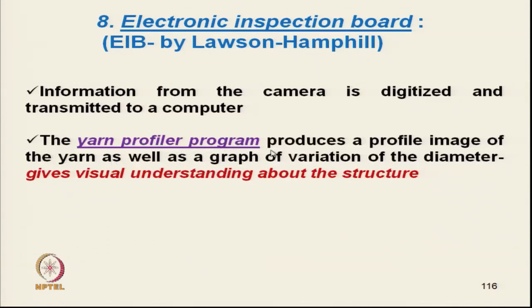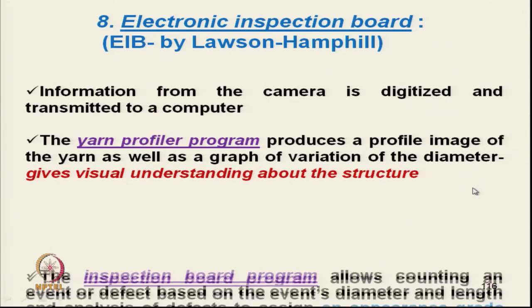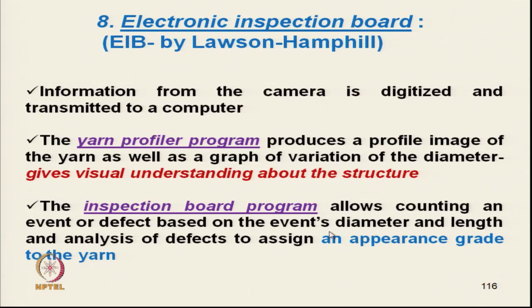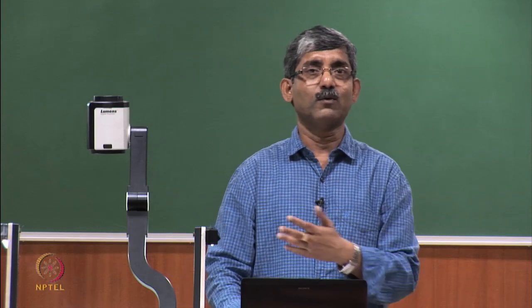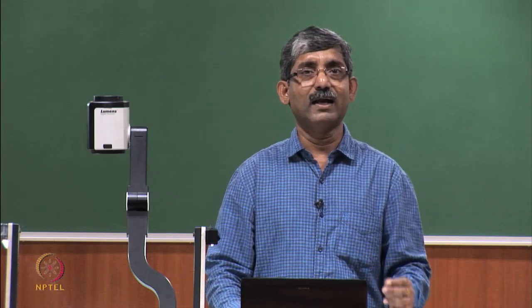The yarn profile program produces a profile image of the yarn as well as a graph of the variation of the diameter. So, there are two types of programs, the profile program and the inspection board program. Automatically it forms a yarn board and grades the yarn appearance, so we do not have to do anything with the standard grade.